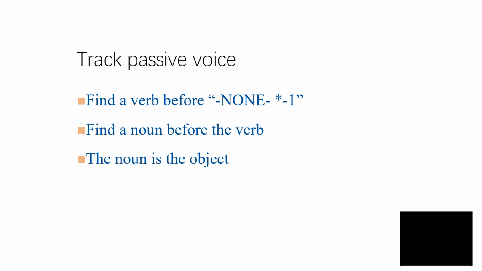So whenever there's a passive voice, we can see a string like this, long -1 after the verb. In this situation, we need to track back and find the first long phrase before the verb, because the object of the verb in the passive voice appears before the verb. So when we find this long phrase, it is our object.